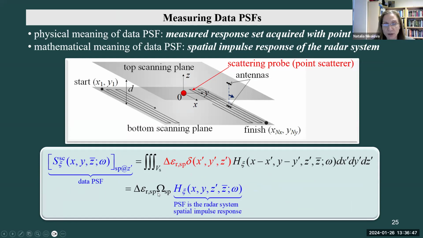Here, delta epsilon r_SP and omega_SP are the contrast of the scattering probe that you're using to measure the PSF, and omega_SP is the volume of the probe that you are using to measure the PSF.